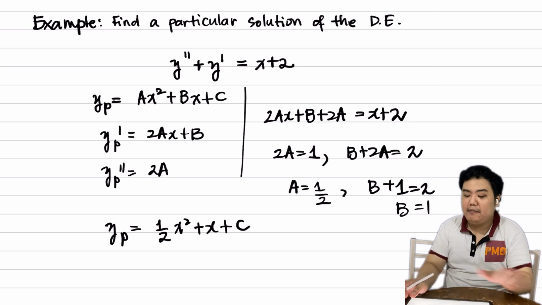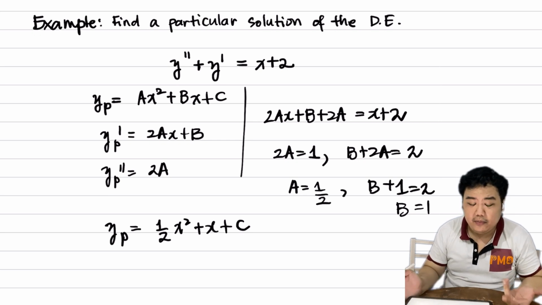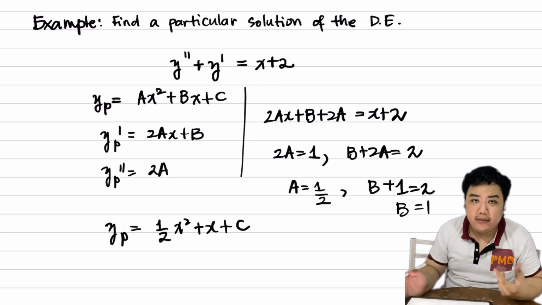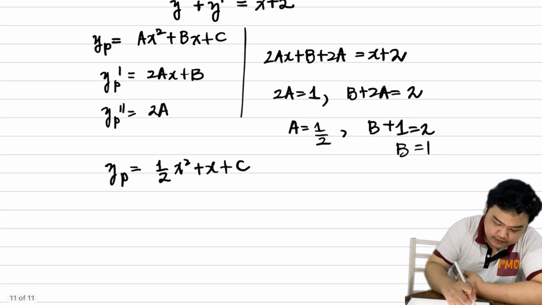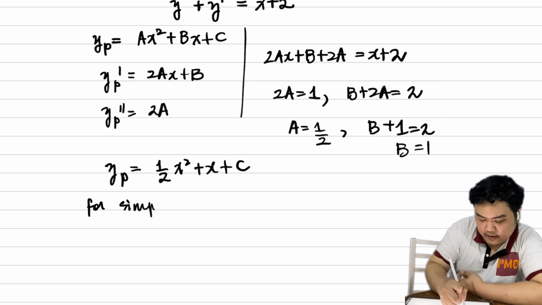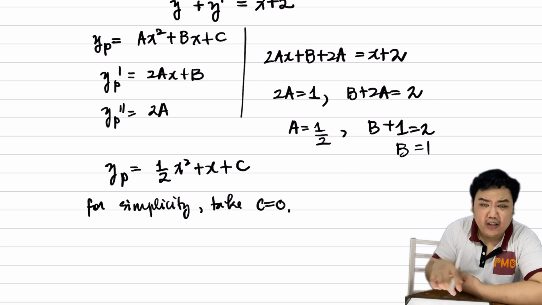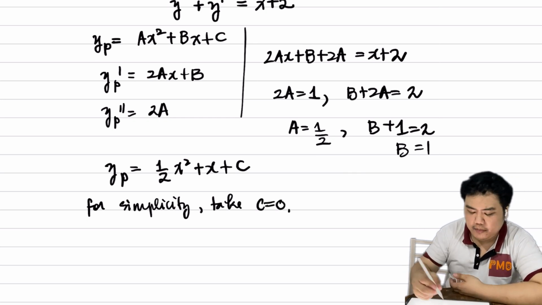Tignan nyo, hindi nagmamatter si c. Ang sinasabi nito, any c will do. Particular solution yun. So, for simplicity purposes, sige, let's take c equal to 0. Pwedeng 1, pwedeng 2, any number that you like.